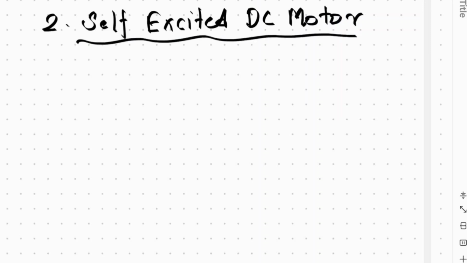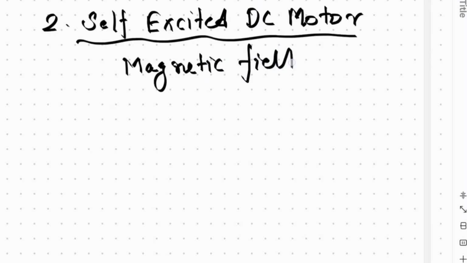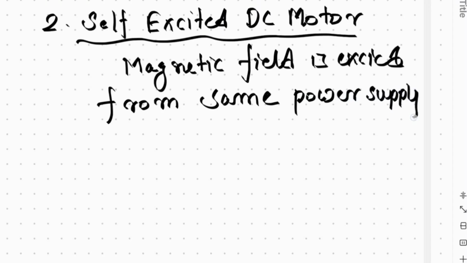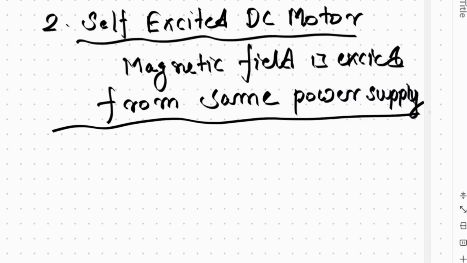In this type of DC motor, the magnetic field winding is excited from the same power supply. So this type of DC motor is called a self-excited DC motor.